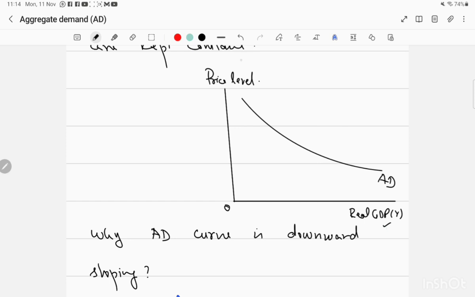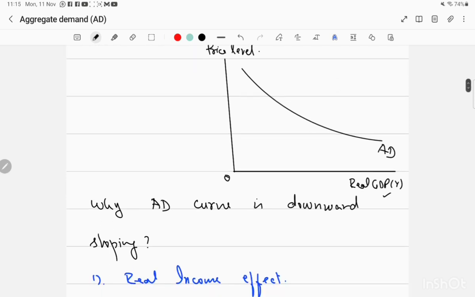But on the vertical axis, instead of writing only price, we write the price level. Some students write only P or price. That will make a mistake in their diagram, and in the Cambridge examination they will face a deduction of marks. So write in complete form: the price level and real GDP.